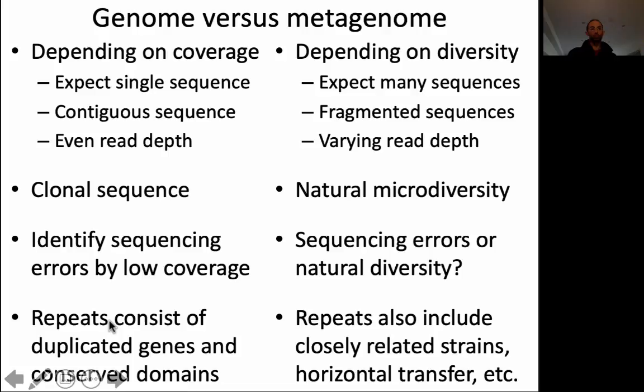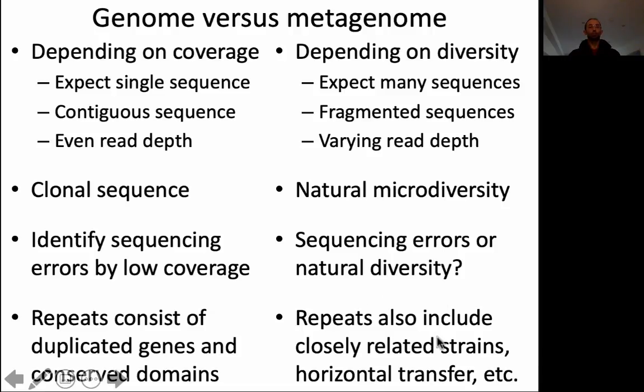Then the final important difference between genome and metagenome sequencing is the presence of repeats. So I've already illustrated repeats previously. In genomics, repeated regions consist of duplicated genes or conserved domains within the same genome. But in metagenomics, repeats could also include, like I mentioned before, closely related strains or horizontally transferred genes between different organisms.